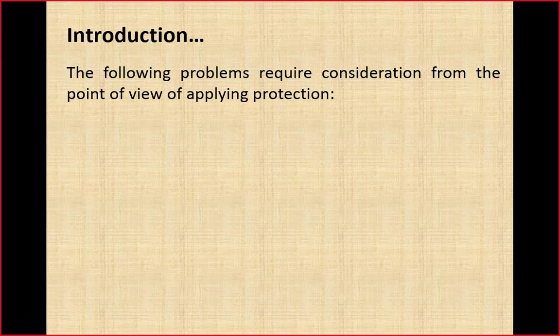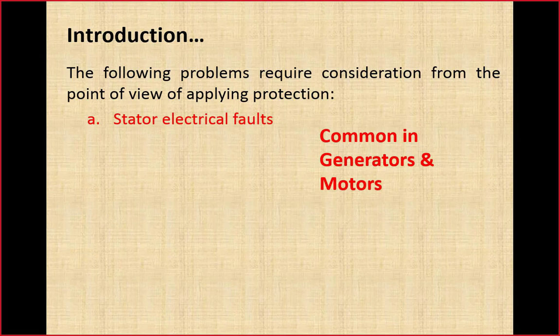So now here we make a list of all those abnormal conditions that may require protection in rotating machines. So these failures that we are going to list over here are common in generators and motors. So that includes stator electrical faults.